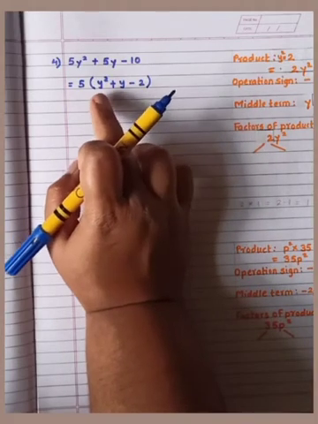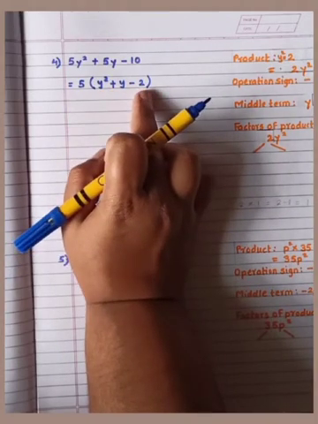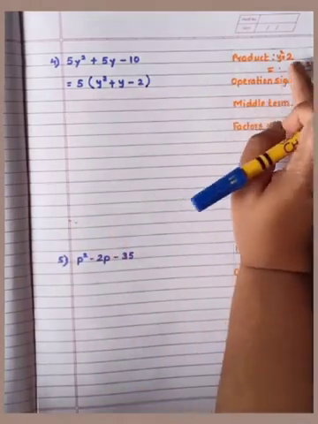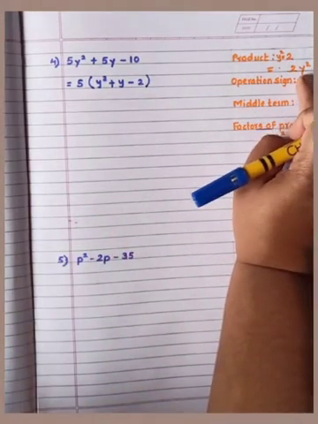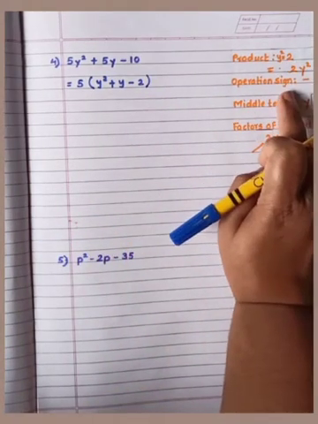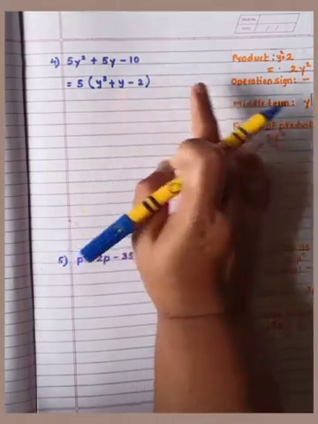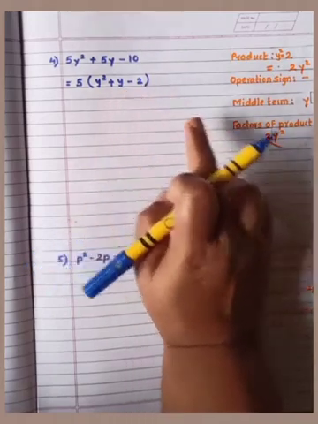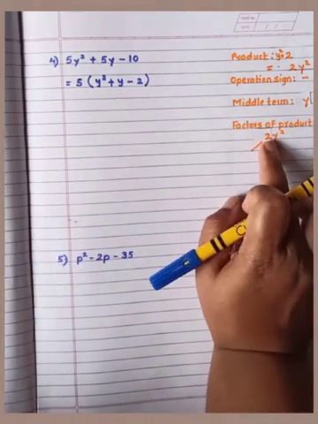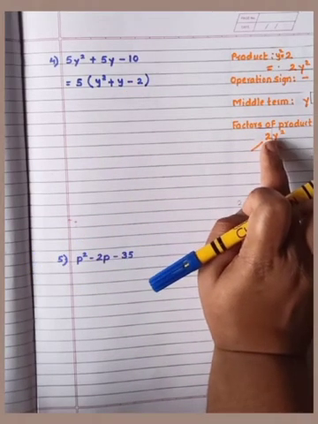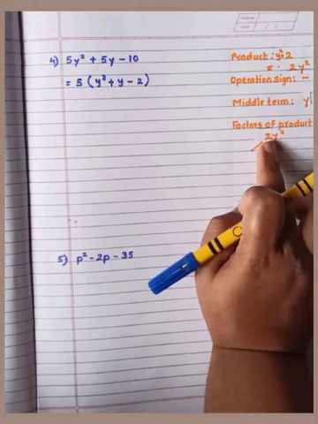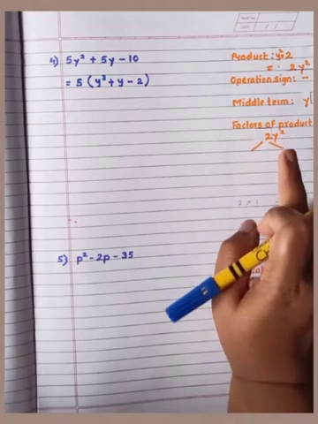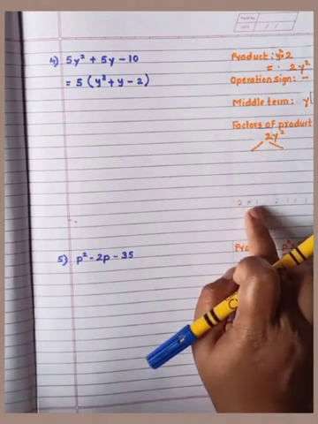Okay. So now product of first and last term is y square multiply by 2, which is 2y square. Operation sign is given before last term, that is minus. Middle term is y, and factors of product, that means 2y square. Now we need to find out factors of 2y square. 2 is coming in the table, 2 itself.